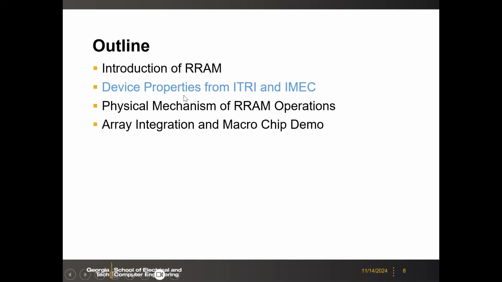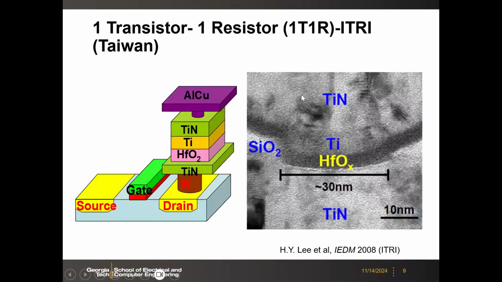Okay, so we will show some device data from ITRI and imec. This was a very early prototype of this 1T1R technology from ITRI, the Industrial Technology Research Institute in Taiwan.